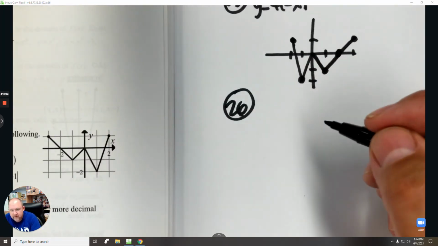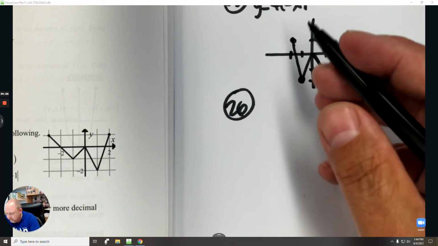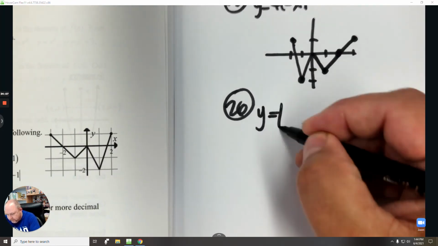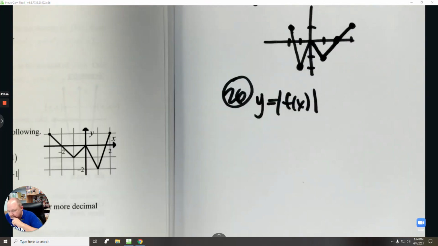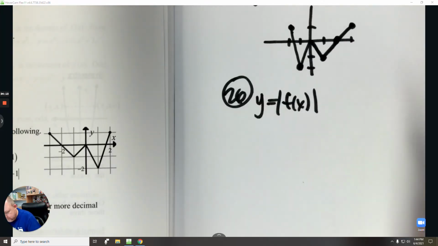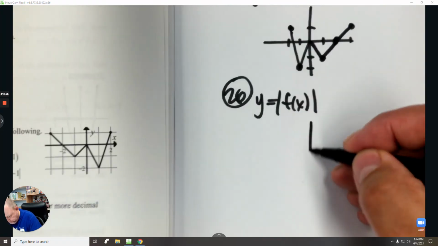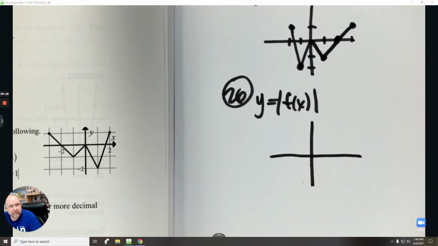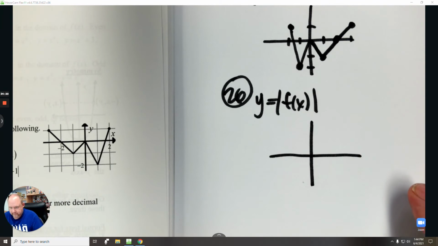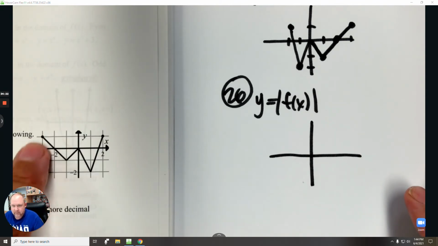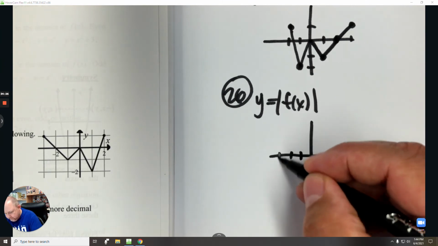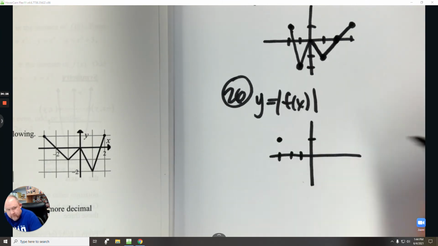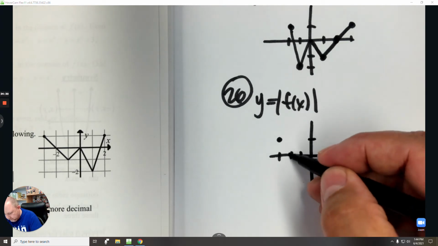In 26, I just want you to be able to see the original as I'm doing it. The absolute value bars make everything negative become positive. So everything negative becomes positive. Negative 3 and 1 stays. Negative 2, 0 stays.